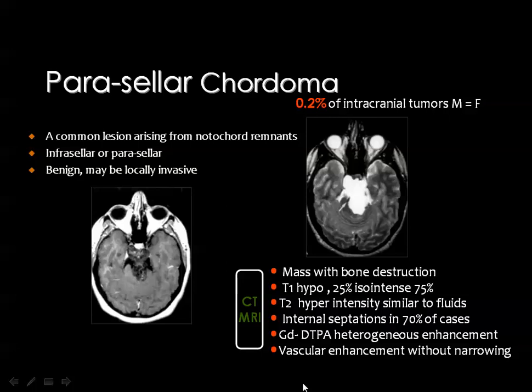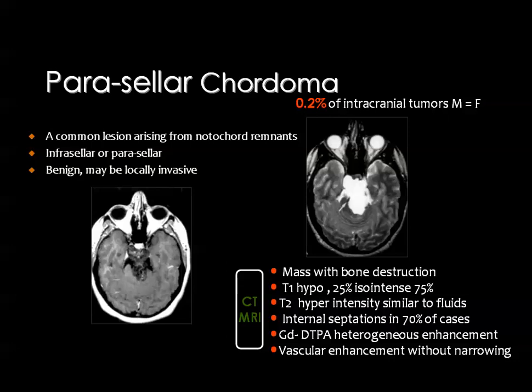Parasellar chordoma is a known lesion, and you remember that chordomas usually arise at the terminal segments of the vertebral column, but chordoma can also be seen in the parasellar and in the retrosellar area.